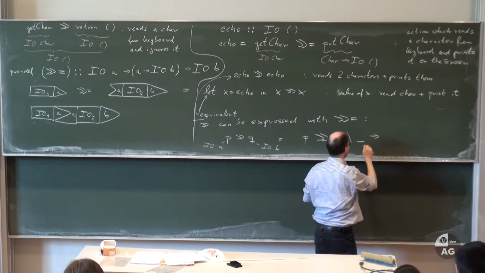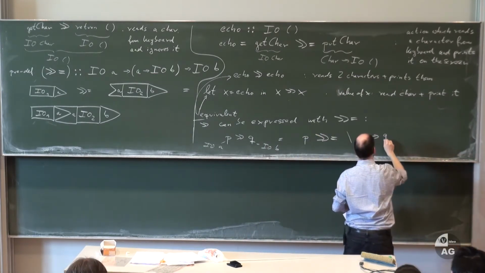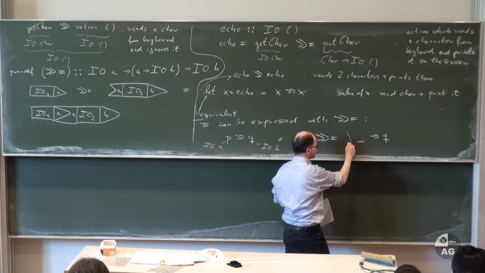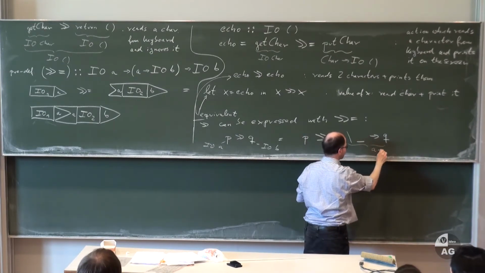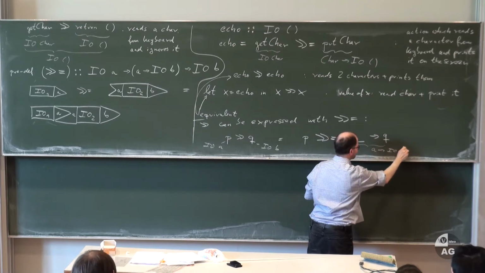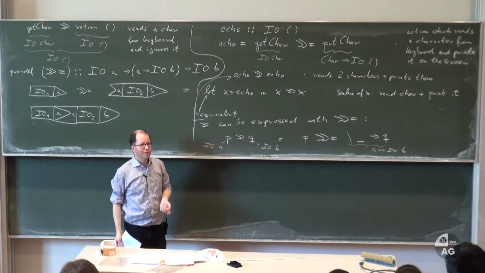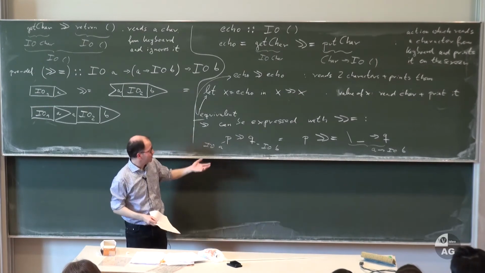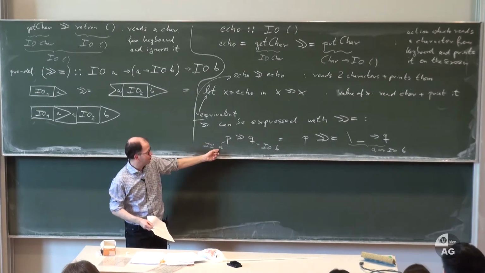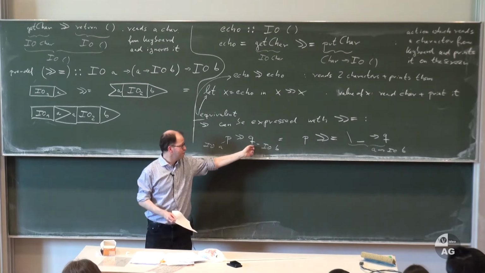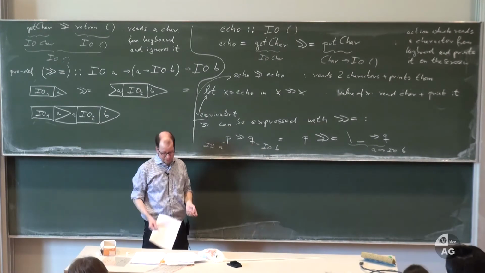So it takes this value but ignores it and then does Q. So this is a function, in this case, of type A to IO B. And so this thing and this thing do the same. So then just means ignore the value that was determined here and do this other action.